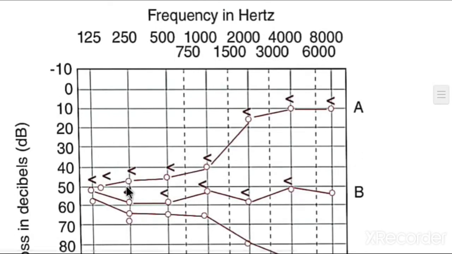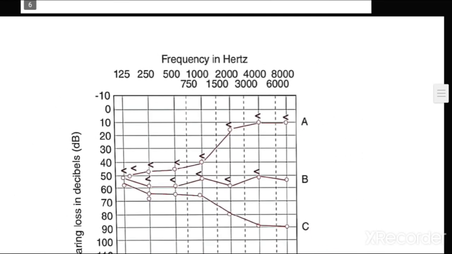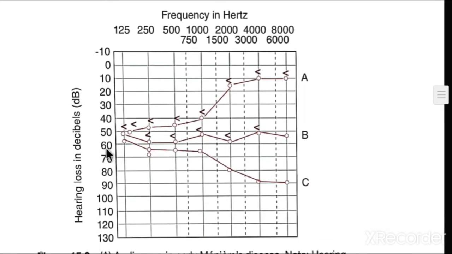This is the pure tone audiometry graph. In the initial stage, the lower frequencies of sound are affected, that is around 500 Hz. These frequencies are affected because in Meniere's disease, first of all, the scala media, the inner part, is affected, and the higher frequency sounds are not affected.